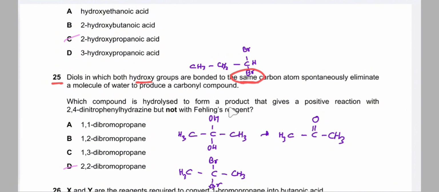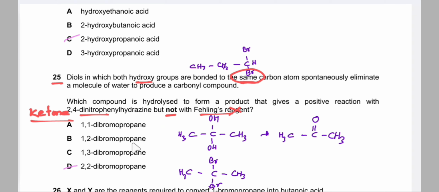Then which compound is hydrolyzed to give a product that gives a positive reaction with 2,4-DNPH? Since it gives a positive result with 2,4-DNPH, it can be either an aldehyde or a ketone, but not with Fehling's reagent. Since it does not give a positive result with Fehling's reagent or Tollens' reagent, this is not an aldehyde, it is a ketone. So we need to find the product that is formed, that is a ketone.